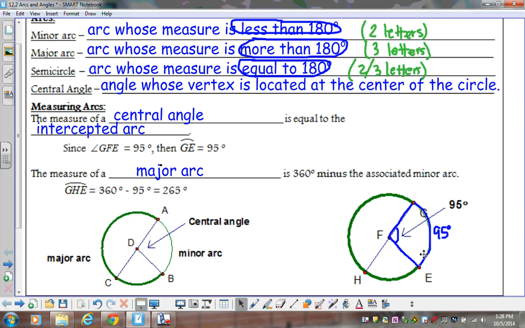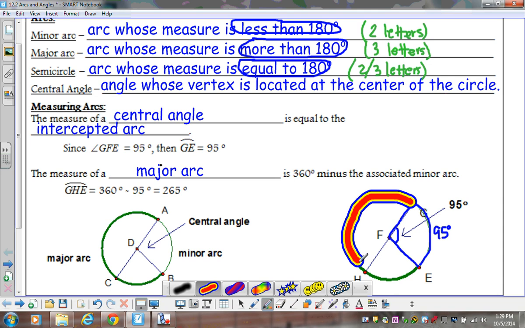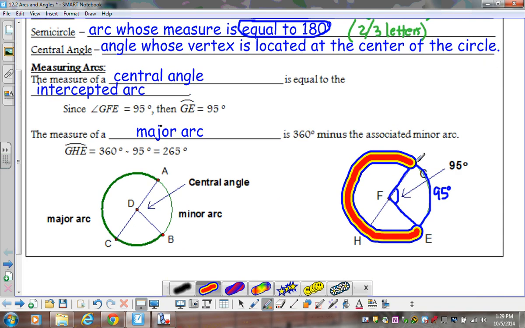My minor arc is 95 degrees, and that means the associated major arc, which is all that right there, would be arc GHE. That's a major arc, so I have to use 3 letters.